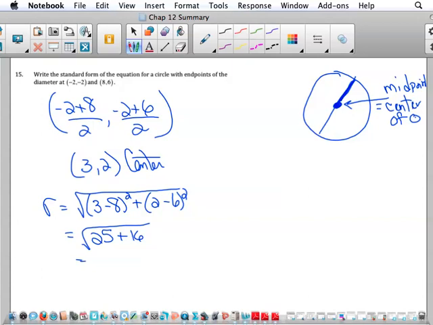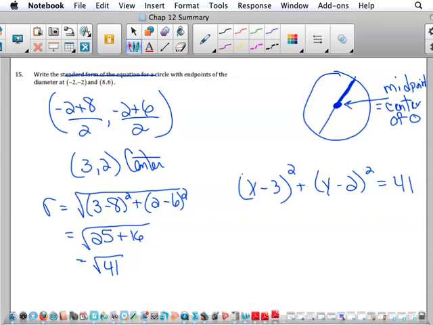So I'm looking at a radius with a square root of 41. I'm asked to write the equation in standard form. So that's x minus 3 squared plus y minus 2 squared equals r squared, which would just be 41. So that's the standard form of the equation of that circle with endpoints of the diameter at minus 2, 2 and 8, 6. Process is to find the midpoint and then use the distance formula to find the radius.